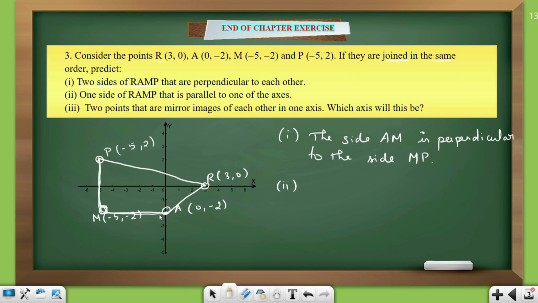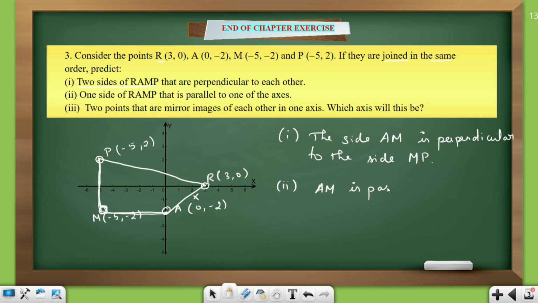The first side is RA, which is neither parallel to the x axis nor the y axis, so this is not possible. Next side, AM. We can see that AM is moving in the same way as the x axis, so the side AM is parallel to the x axis.